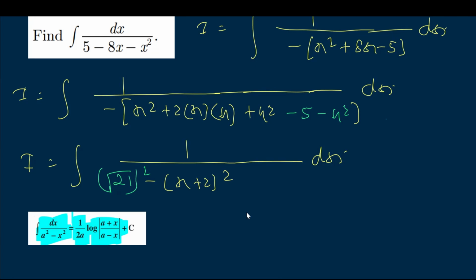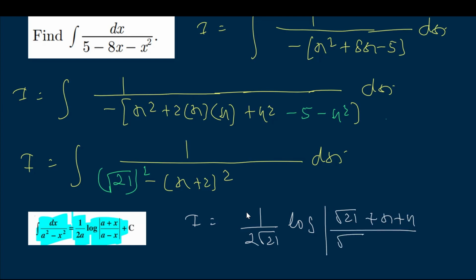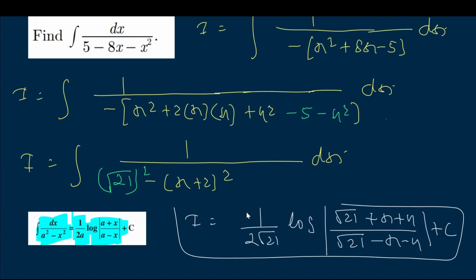Sorry, so I can write this as I is equal to, this integration is going to be 1 over 2 times a, and 2 times a is what? 2 under root 21 in fact, right? And then log mod, this is a plus x, a clearly is under root 21, plus x, x is x plus 4, that whole divided by under root 21, minus of this is minus x minus 4, plus c. So we'll say that this is our final answer.